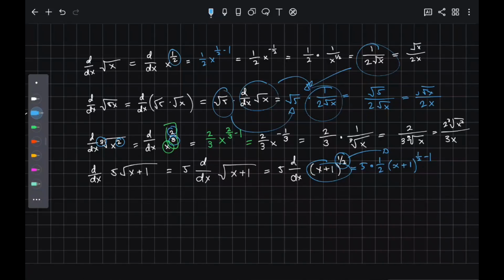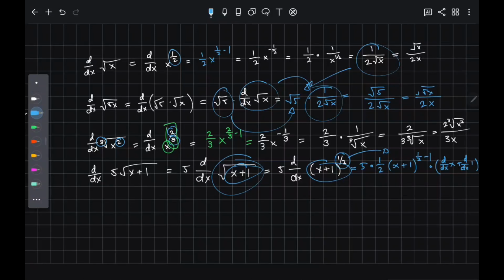So let's introduce chain rule here. Since we have differentiated this whole, we need to differentiate what's inside. So we're going to just multiply that here. So what is the derivative of x and the derivative of 1? Okay, let's copy that down here.